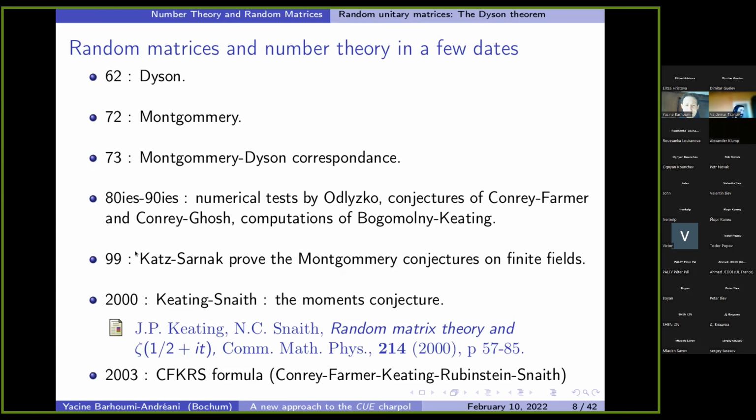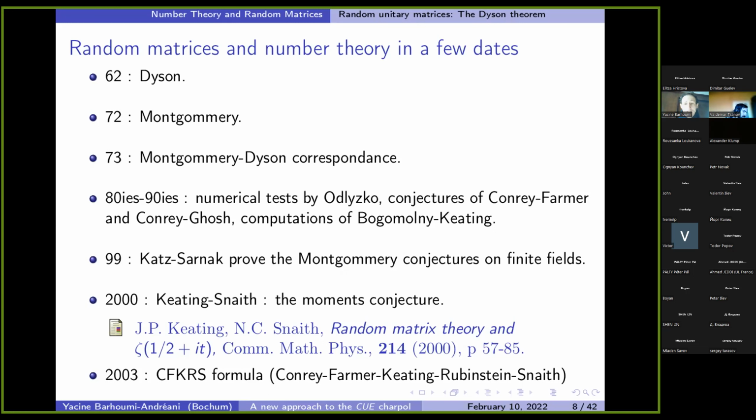In 99, Katz and Sarnak proved the analog of the Montgomery conjectures over finite fields. So this is something that you can do if you don't understand number fields, namely the zeta function. You can go over finite fields where you can define equivalence of zeta functions, where everything is more or less proven.